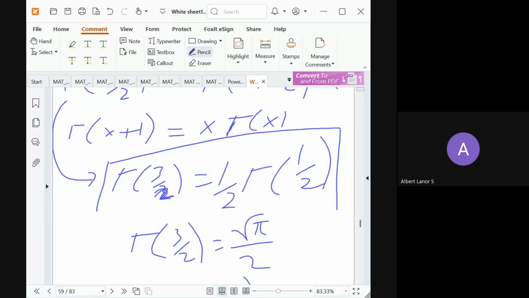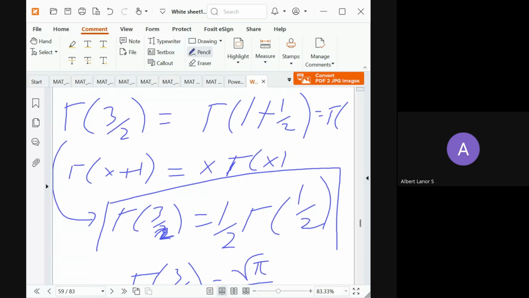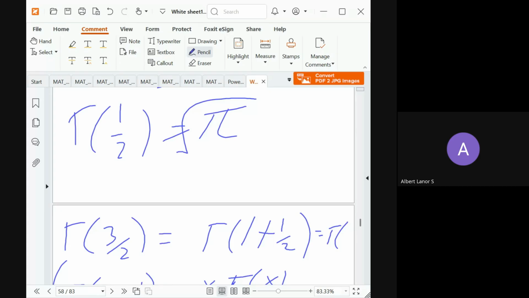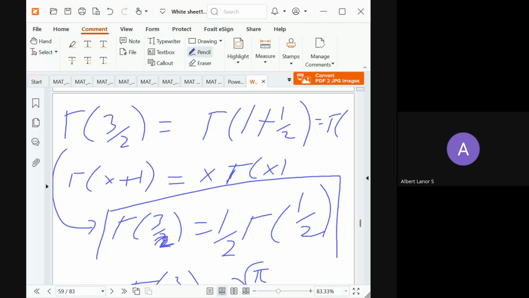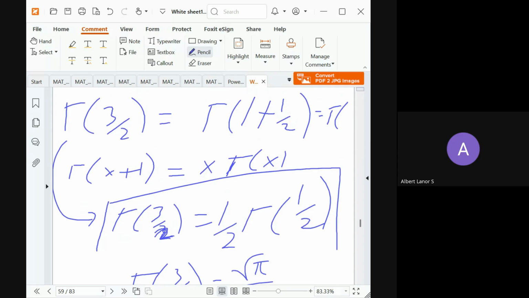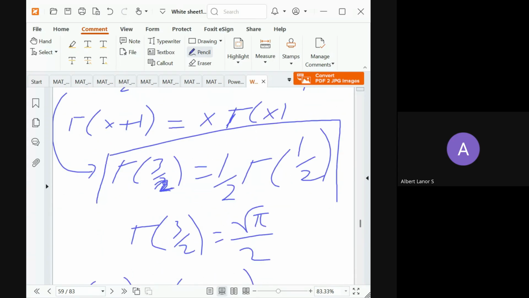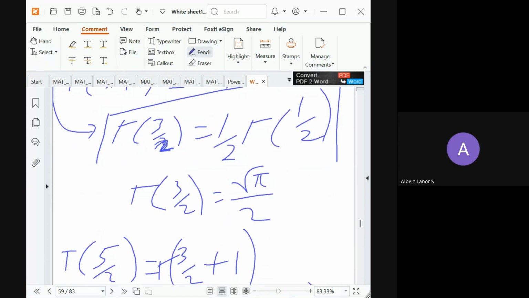The previous one, gamma of half, is root pi. So gamma of 3 over 2 is gamma of 1 plus half. Then the x in this case is half, so you bring the x out and then you do gamma of half. So you have half gamma of half. Now, gamma of half is root pi, so you substitute root pi and you have root pi on 2.